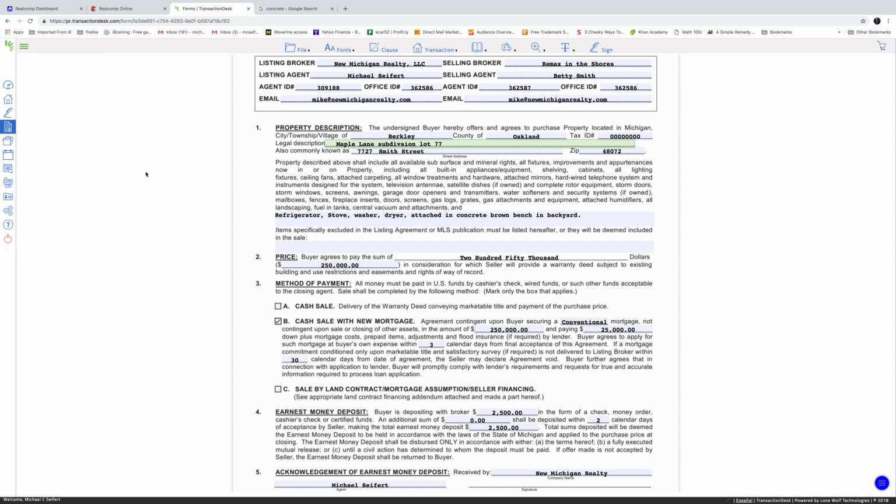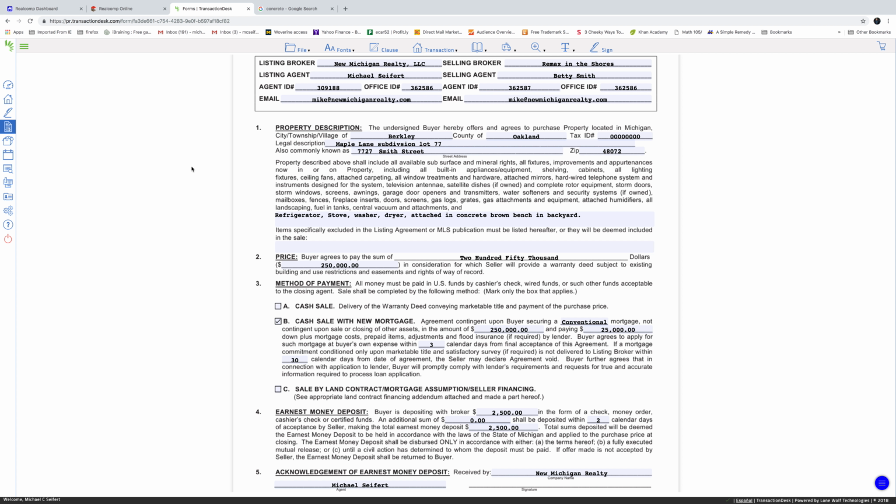You just want to get as much detail as you can fit in here. There are only so many characters you can put in here. In this case, we're doing a simple, let's say, ranch house. We're just going to say it's in the Maple Lane Subdivision, Lot 77, commonly known as, this will be the actual street number, Smith Street, 7727, zip code for Berkeley is 48072.